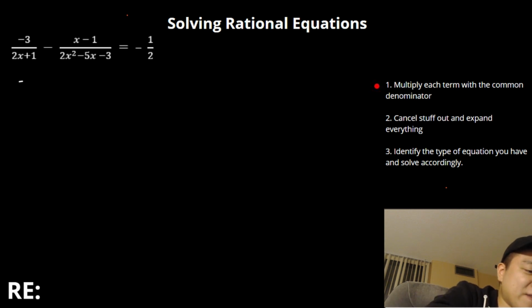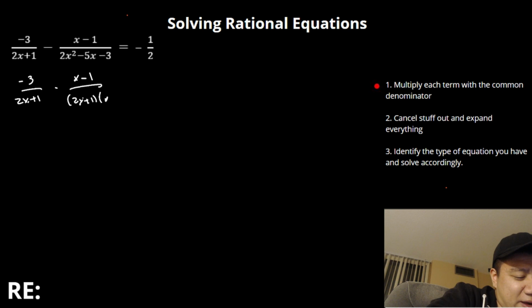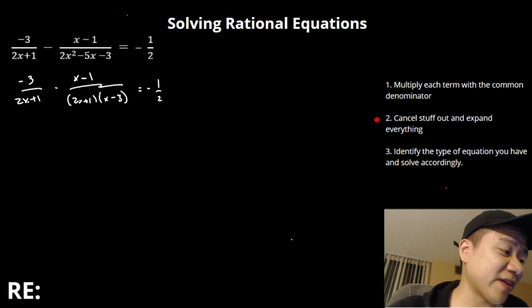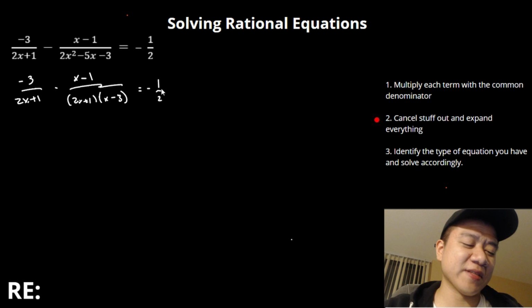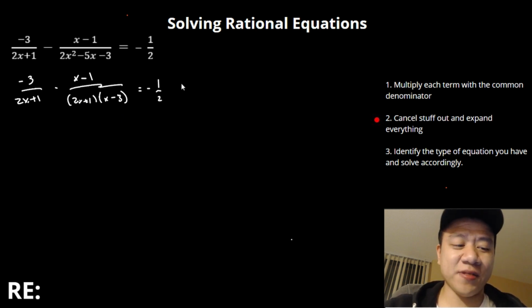Okay, so we have negative 3 over 2x plus 1 minus x minus 1. If we factor this, we have 2x plus 1 and x minus 3, equals negative 1 over 2. The reason we factor this is that we have these two that are in common denominators. Usually we multiply everything in the denominator together to get a common denominator, right?